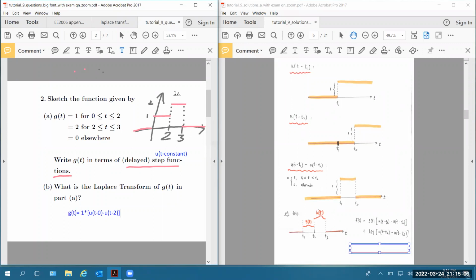Now you single out this other part, where the function value is 2. Let me single out 2, 3. Now T1 is 2 and T2 is 3, so it is 2 times u(t-2) minus u(t-3). This is how I get it, just by using this.